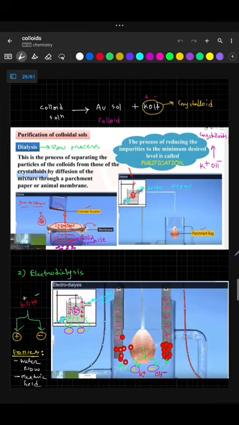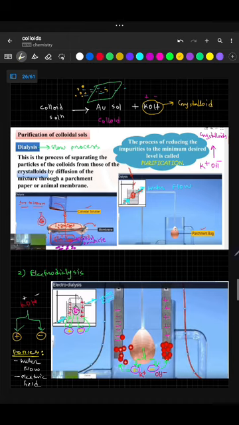So if this is a semi-permeable membrane, small particles can pass through, but the colloidal particles, which are a little bigger in size, cannot pass through it. So the bag is full of colloidal particles stuck inside because they couldn't pass through, and the other particles have successfully passed through.